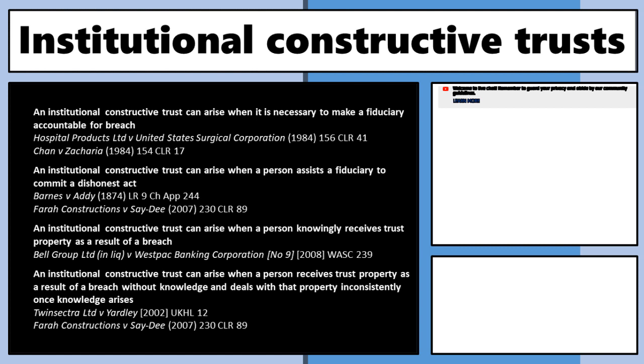The difference between those two rules at the bottom is actually just knowledge, or when the person became knowledgeable of the particular breach. Because knowledge in this area of law matters. The state of the person's mind matters because these rules flow from conscience: keeping and holding things and making benefit in situations where it is against good conscience.